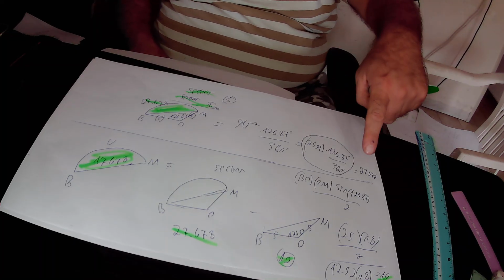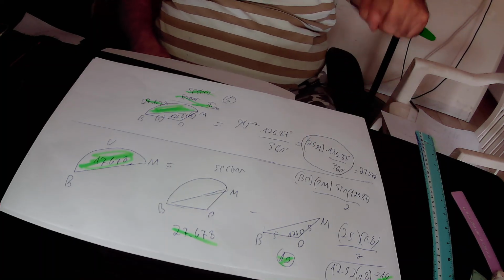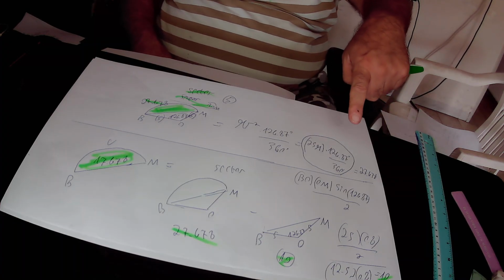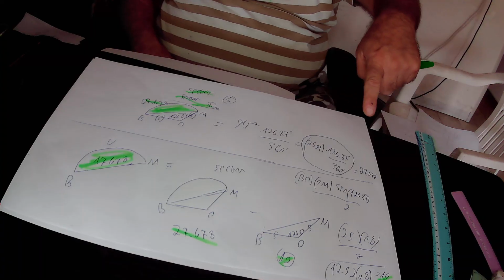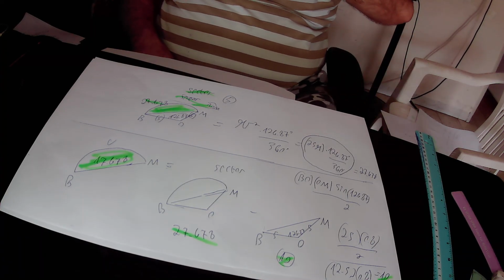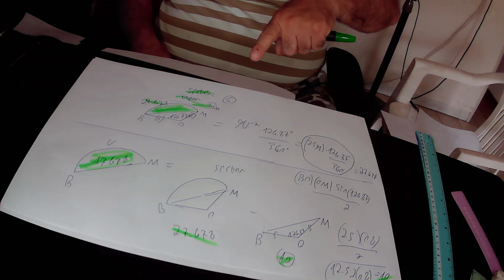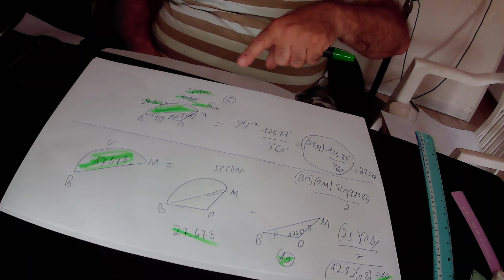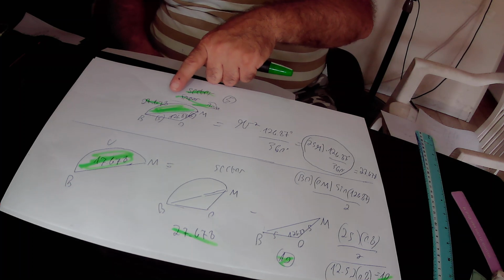The value of this expression, 25 pi times 126.87 over 360, is equal to 27.678 square units in size. So we found that the area of this sector BOM equals 27.678 square units in size.